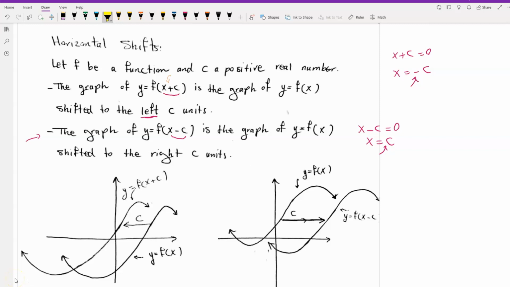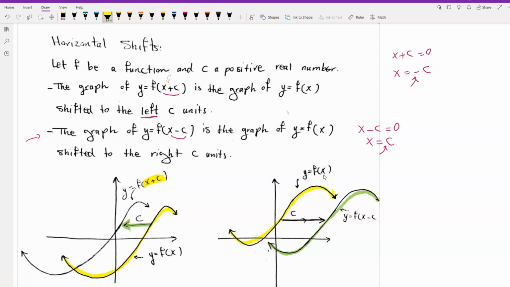So this is our graph for y equal to f of x, and in this case we have y equal to f of x plus c. So we have x plus c, which means we have to shift to the left c units. The one on the right side is for y equal to f of x minus c.